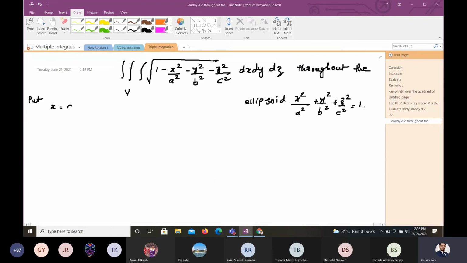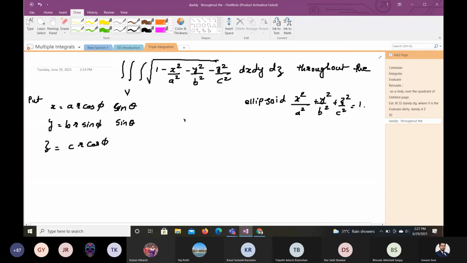So we'll put x is equal to a r cos phi sin theta, y is equal to b r sin phi sin theta, z is equal to c r cos theta. So dx, dy, dz will be replaced by abc r square sin theta dr d theta d phi.